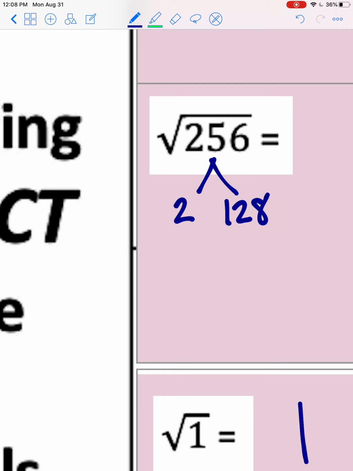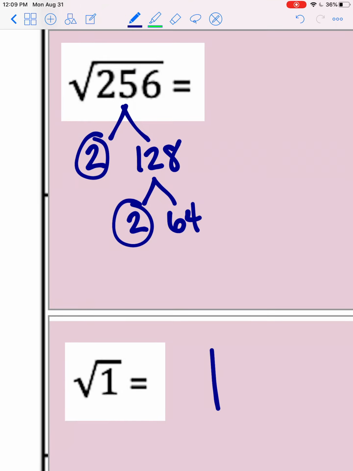Okay, that would be 128. 2 is prime. I want prime numbers here. So now let's take 128 and divide it by 2 because it's an even number. We're not thinking about very difficult numbers. We're simply just dividing by 2. Okay, another prime number. 64 can be divided by 2 also, and that gives me 32.